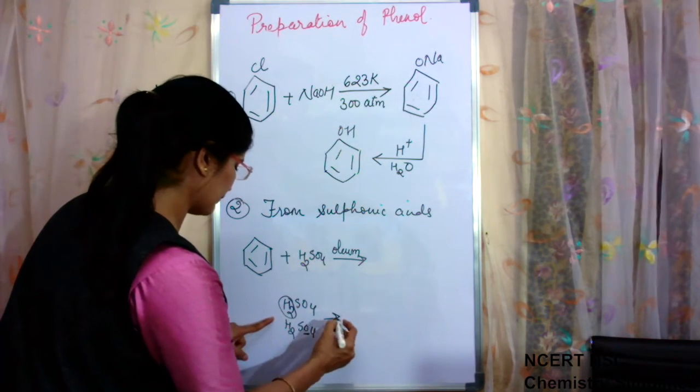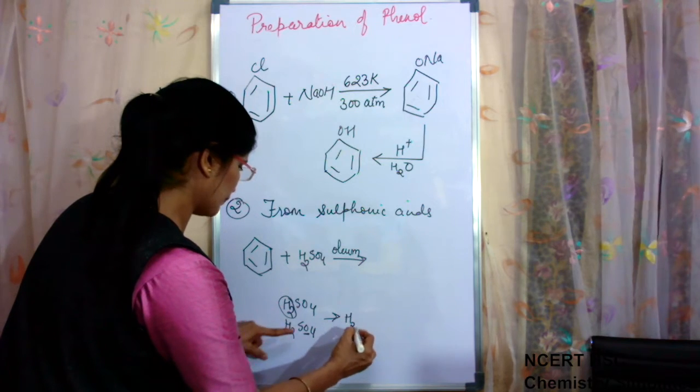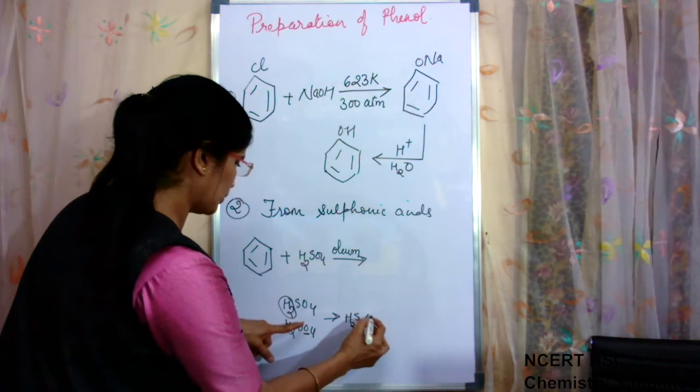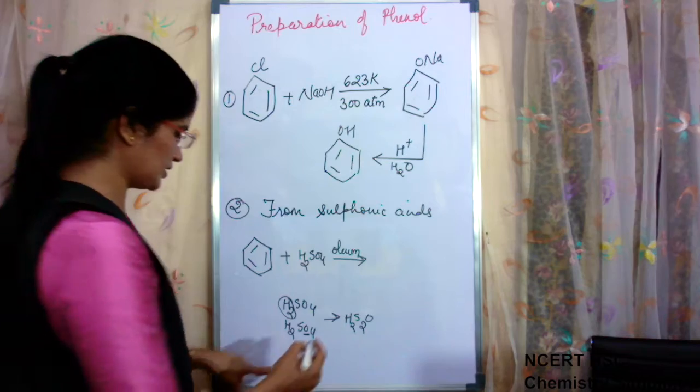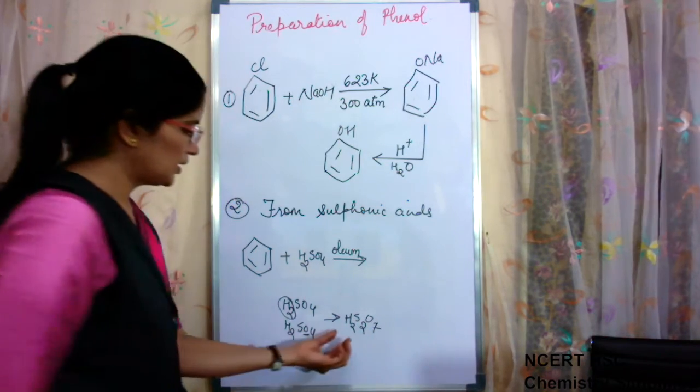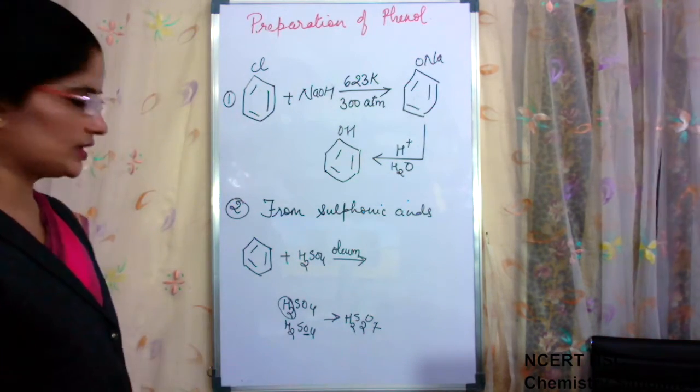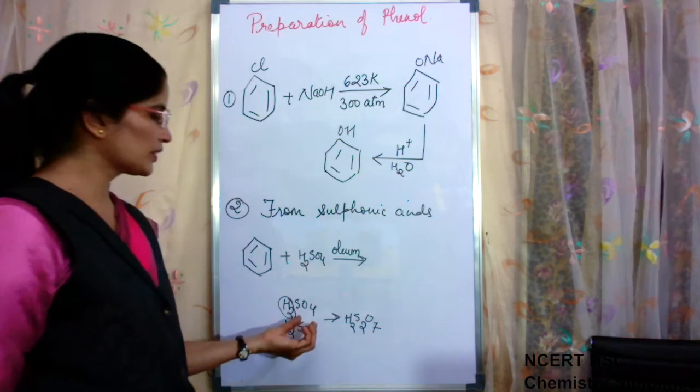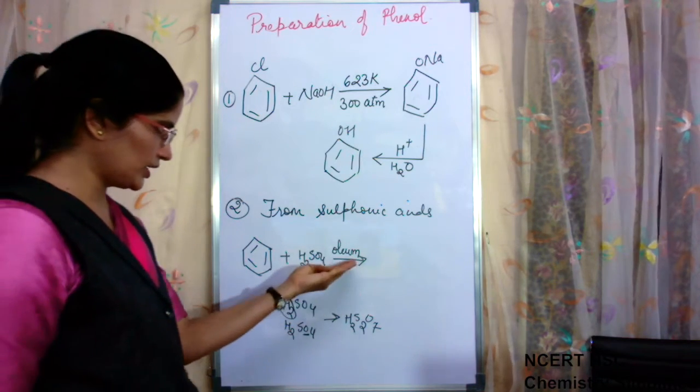What is left? H2S2O7. That means dehydrated sulfuric acid is known as oleum.